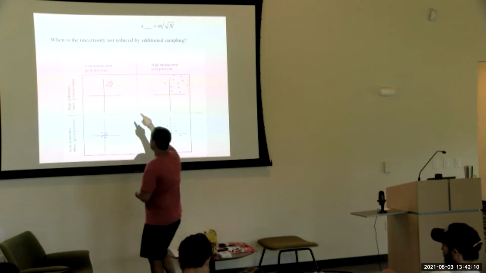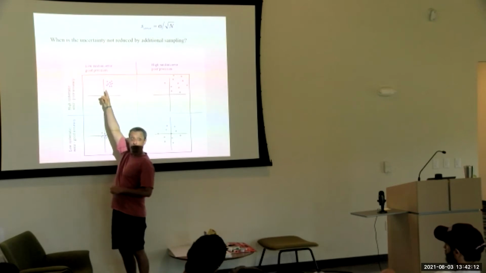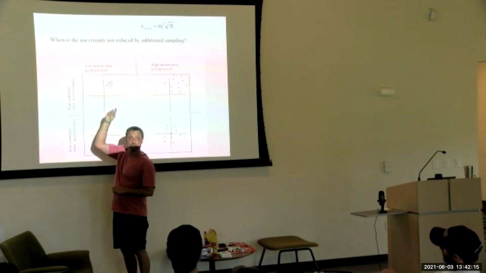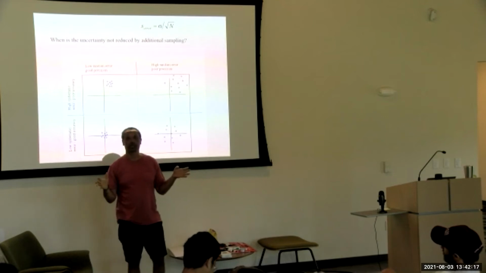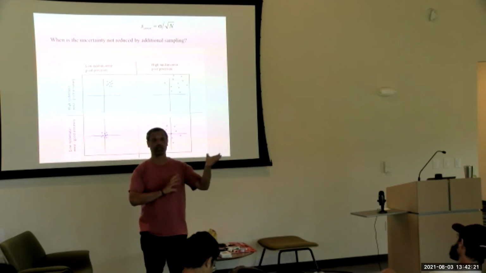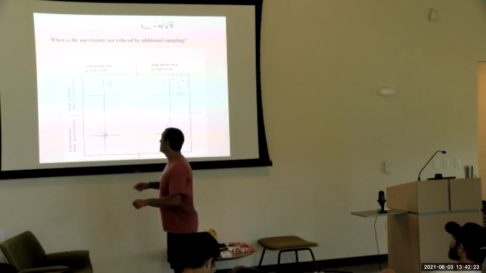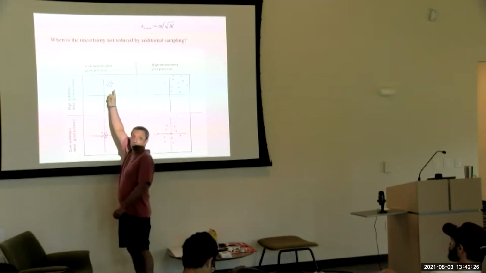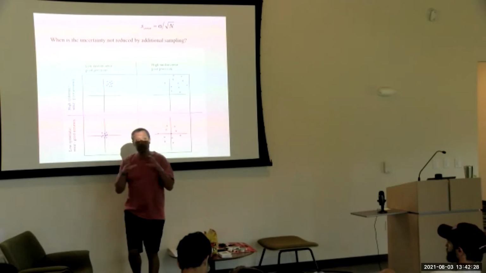So this is my fear. My biggest fear is these biases that are out there because we don't understand fully our instruments, or don't understand fully how things relate to each other. That just because we measure a lot and we measure all over, doesn't mean we're reducing uncertainties.